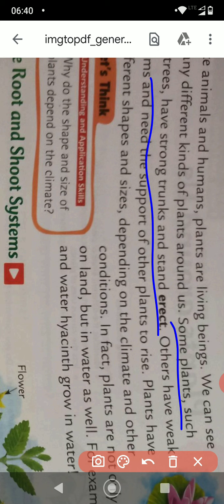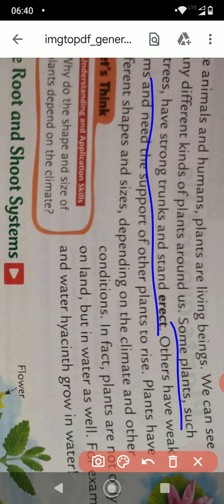Ashoka trees, apple trees, these trees always stand straight, isn't it? They are so strong. The brown colored tree trunk is very, very thick and very strong. That is why they are called trees.